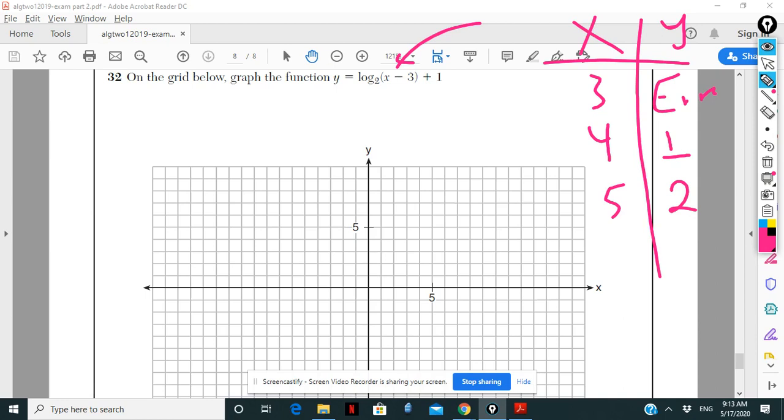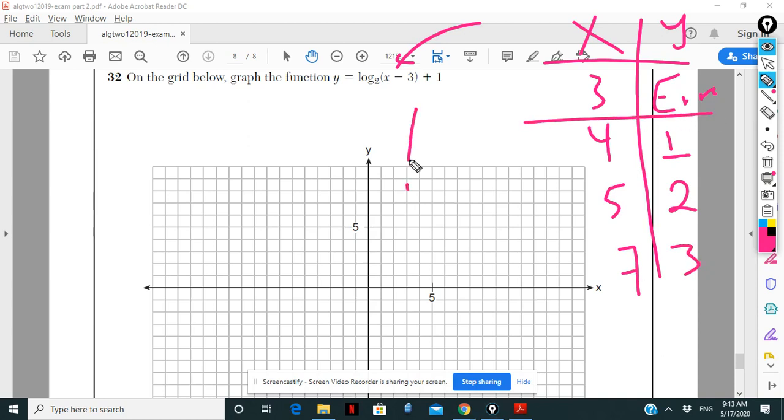Now I'm going to find the x values that give me integer values. The next value should be after 2, 4, so I'm looking for 7. 7 minus 3 is 4. The exponent for 2 giving you 4 is 2. 2 plus 1 is 3. Now, that's my asymptote.